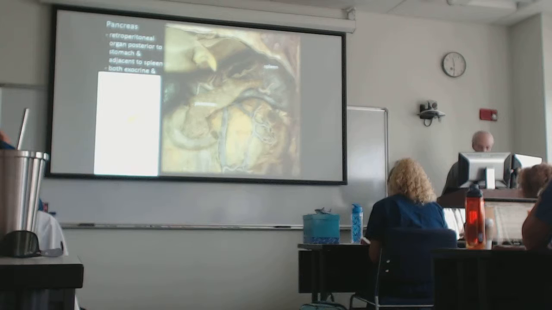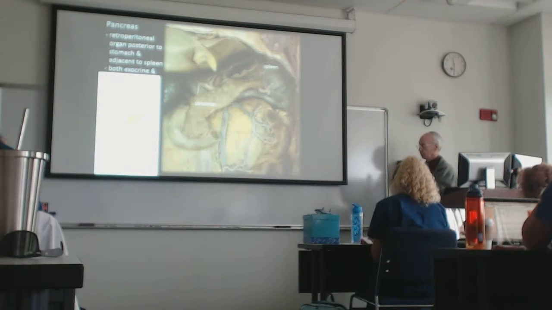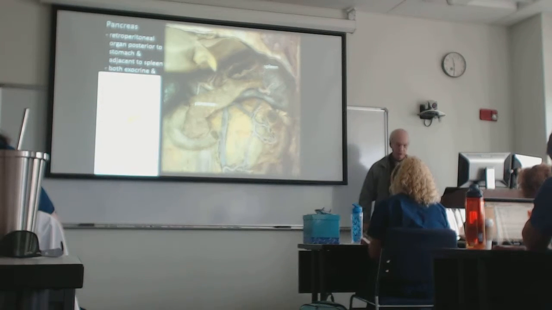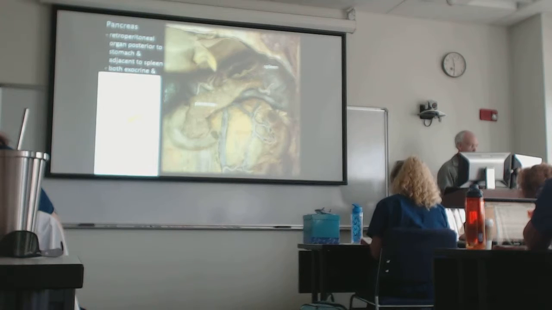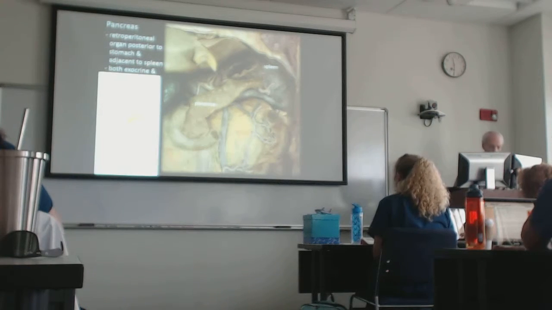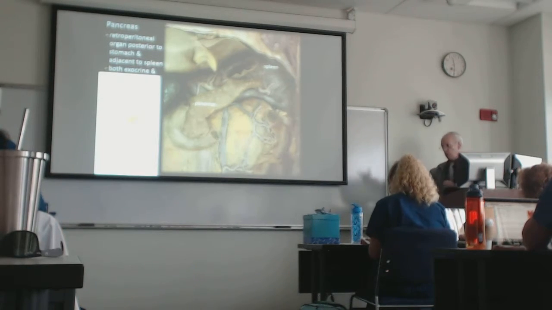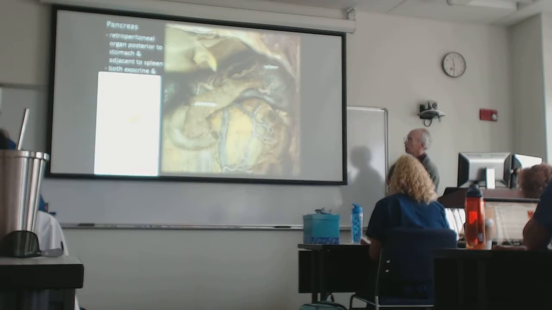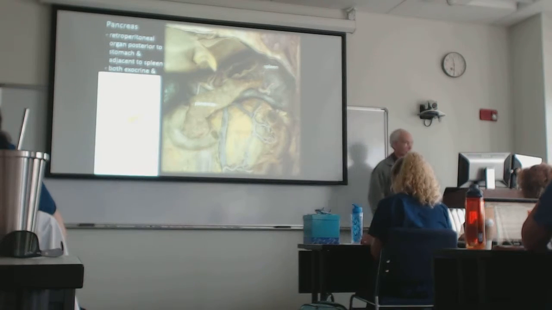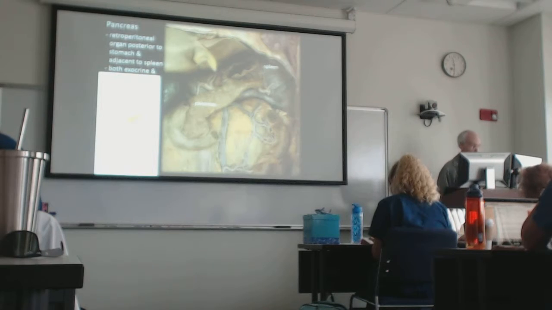That pancreatic juice, by virtue of a couple of tubules, is released into the descending duodenum that we looked at before. As we saw in our discussion of the peritoneum, it is entirely retroperitoneal. It's behind the peritoneum, so it is not bound in that fashion. Anatomically, you can see that it has several parts.